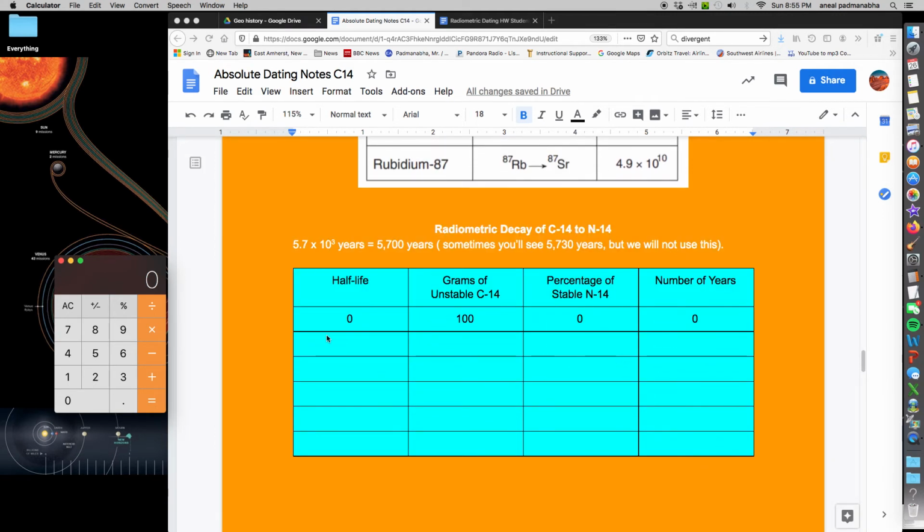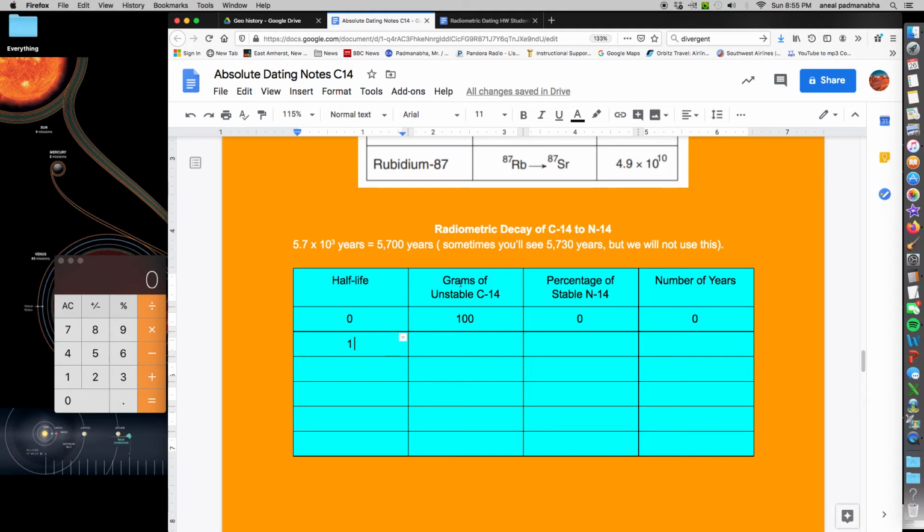So in our example, if we have 0 half-lives, and we have 100 grams of unstable carbon-14, the percentage of stable nitrogen-14 is going to be 0, and the number of years that have gone through is going to be 0, because nothing's happened, no half-life. So if we go through one half-life, what does that mean?